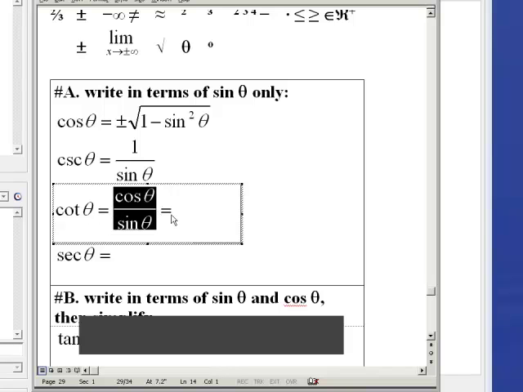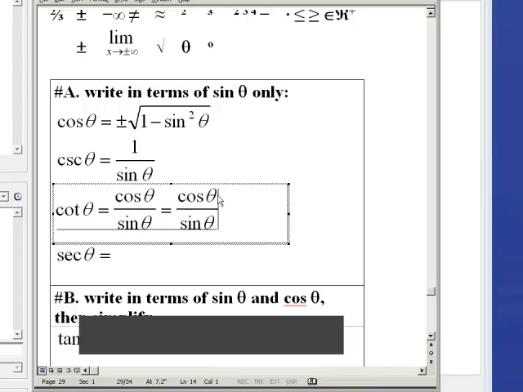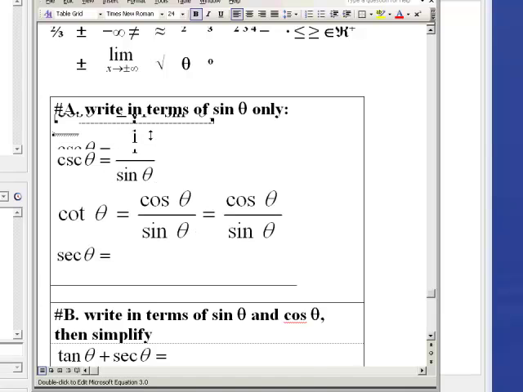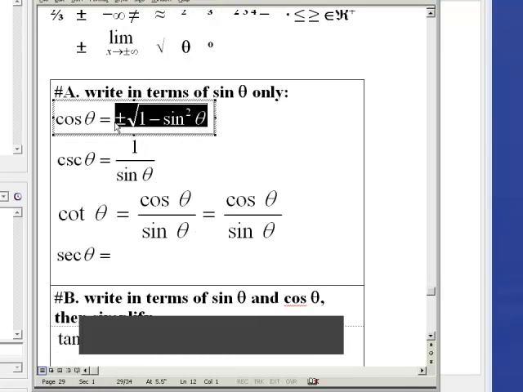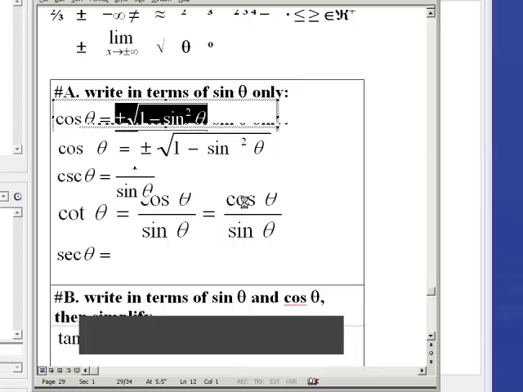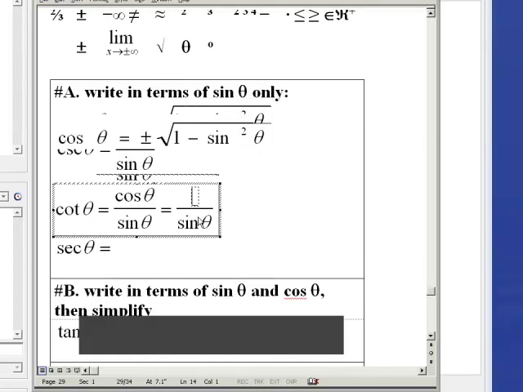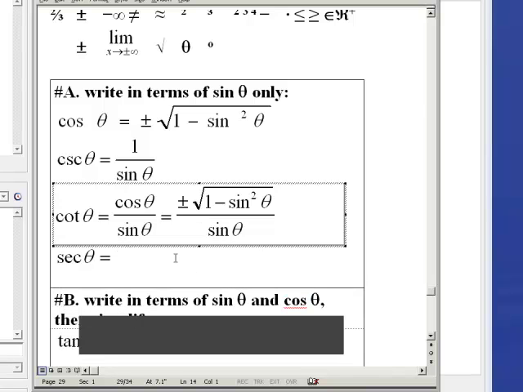So here's what we're going to do. We just substitute that in there, and I'm too lazy to type it all out again, so I'm just going to borrow it from up here and plug it in there.